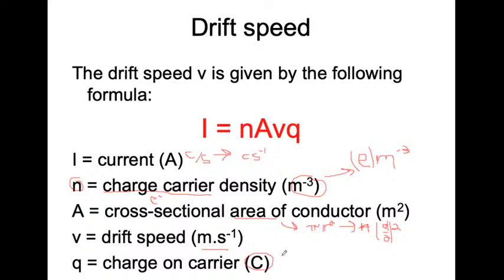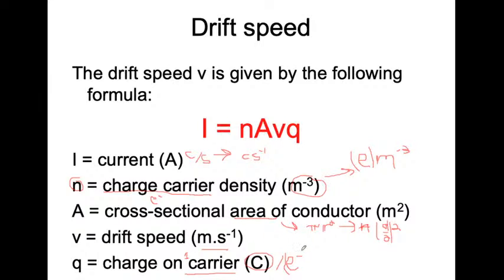This is really coulombs per electron, or per charge carrier. That's the charge on an individual carrier, on one carrier, which is given in our data sheet.